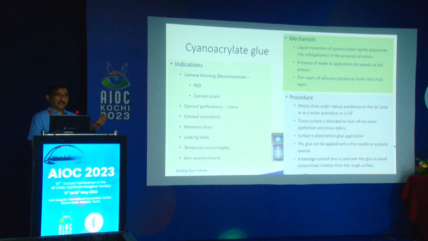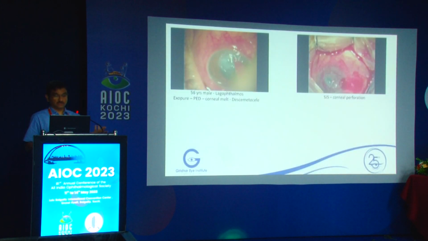There will always be a thin layer of fluid, even if we dry to the maximum. So apply a thin layer. Various techniques are there, and this is the most important step wherever you glue. Debride, so you get healthy, as normal as possible, stroma and surrounding structure.